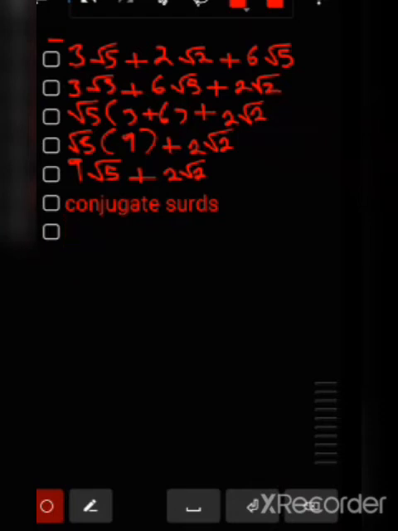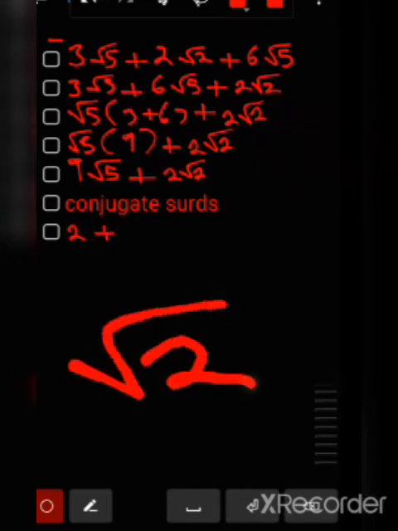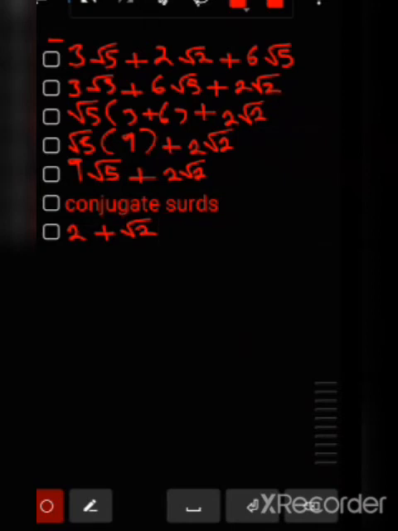If you've got something like 2 plus root 2, the conjugate of this is simply this. This line actually is there to show you the conjugate. So when you see that line, just know that I'm talking about the conjugate. The conjugate of that, you just change the sign. If the sign is positive in the original one, the conjugate should have a negative sign. So this would be 2 minus root 2.